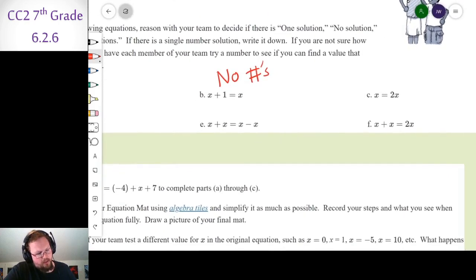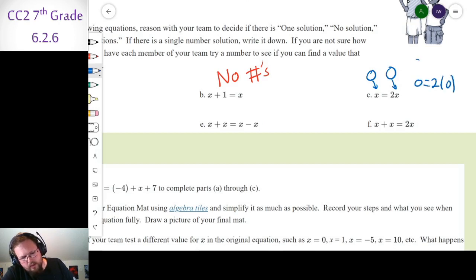Or you may get to another case where you're like, okay, is there a number that works for this, where the number is the same as 2 times the number? Well, if you start guessing, 1 doesn't work, 2 doesn't work, 3 doesn't work, and then you're like, wait, what about 0? Because like I said, 0 did something weird in this other one. So if I do 0 equals 2 times 0, well, that's 0 equals 0.